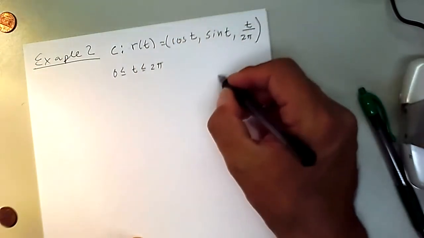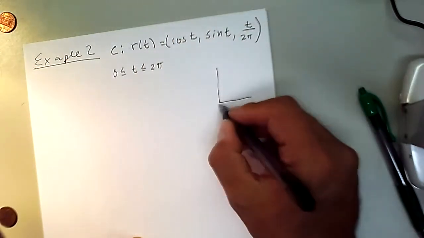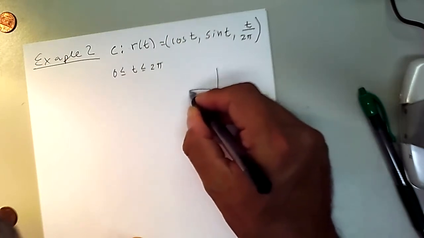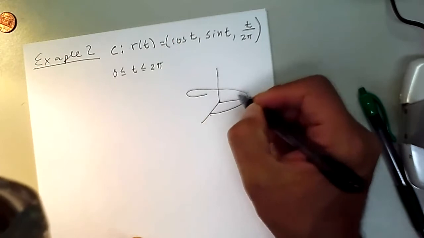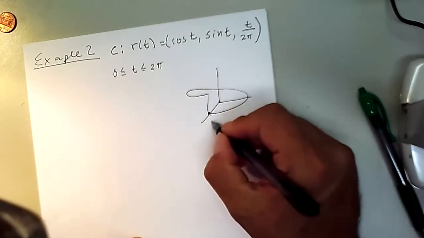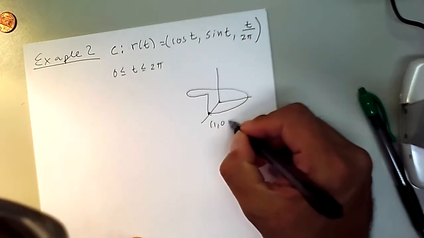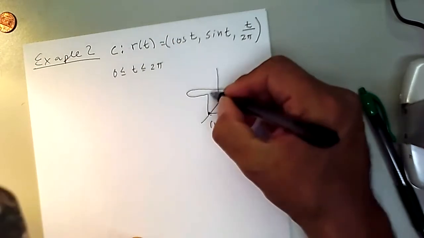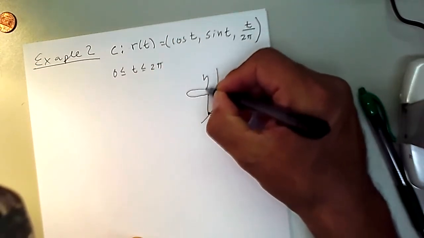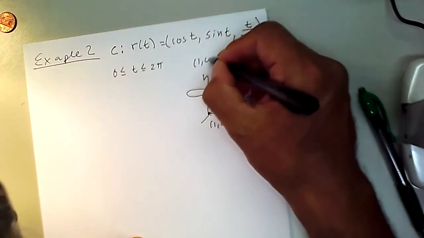So we are familiar with this a little bit. It is a helix, and it goes up here. My picture is not the best, but it starts at 1, 0, 0, and ends up here at 1, 0, 1.